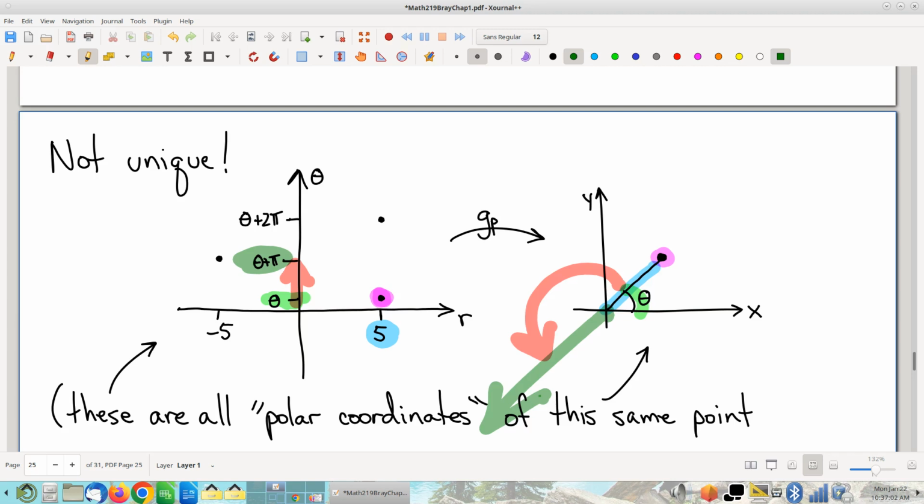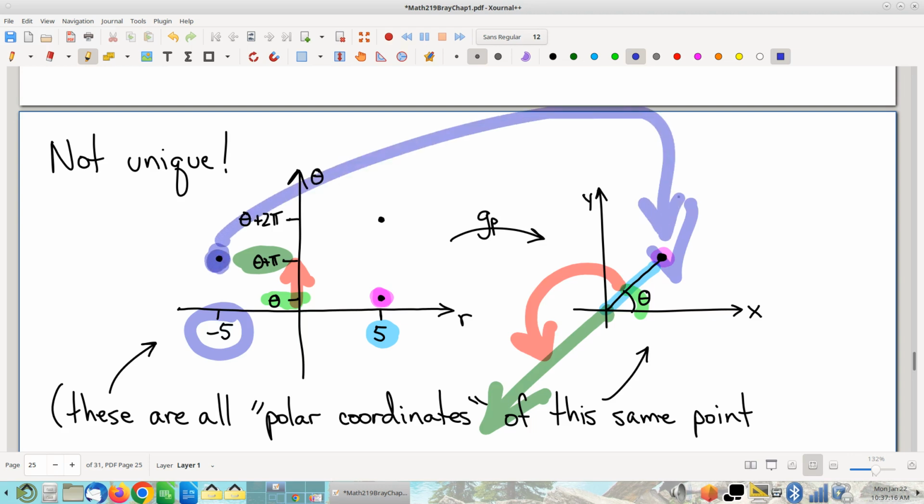So the negative value of r, so minus 5 then, again gets you to that same point, like so. So heads up, be aware that awkwardly there's tons and tons of different polar coordinates for a given point.